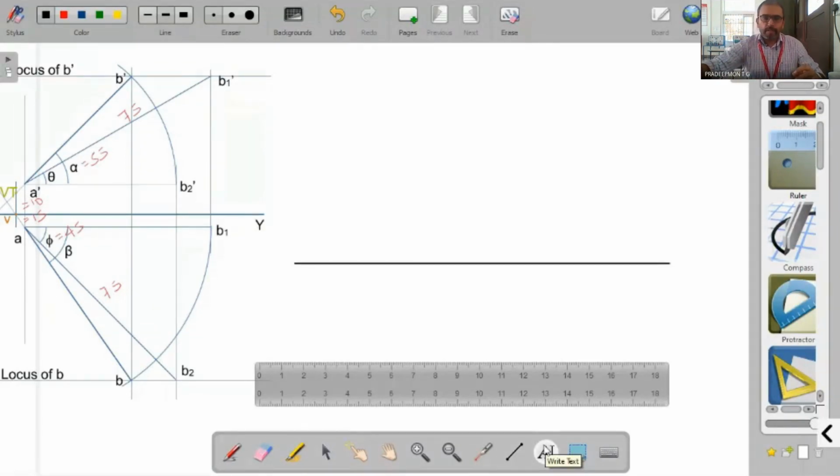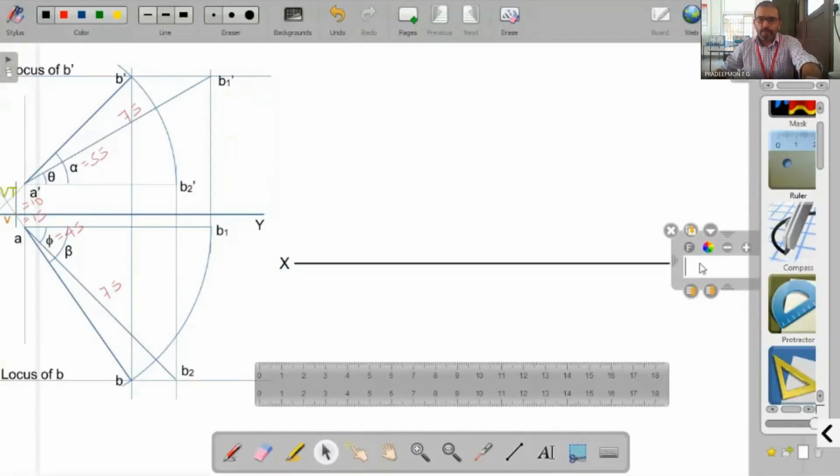So here is x, and there is y. Now I need a perpendicular line in order to mark A dash as well as A.